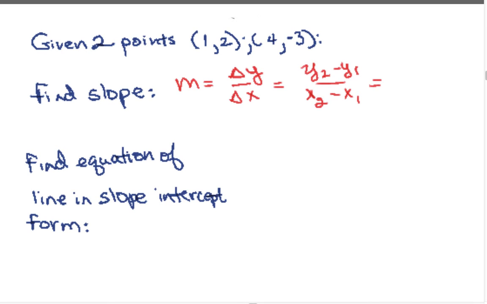And I'm going to call this point 1 and call this point 2. So y2 would be a -3 minus 2 over 4 minus 1. Make sure you keep track of which one goes with which. So here we have a -5 over 3 as our slope.